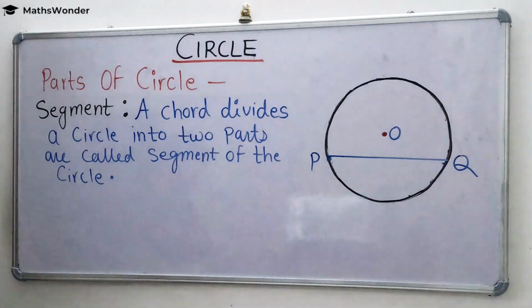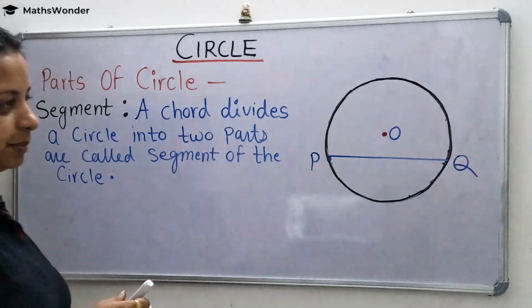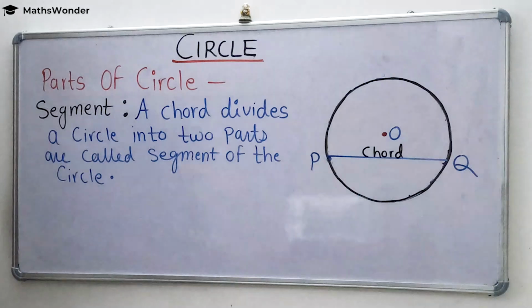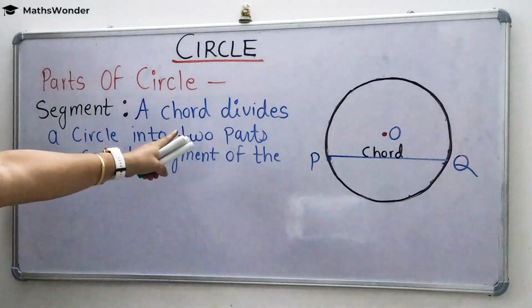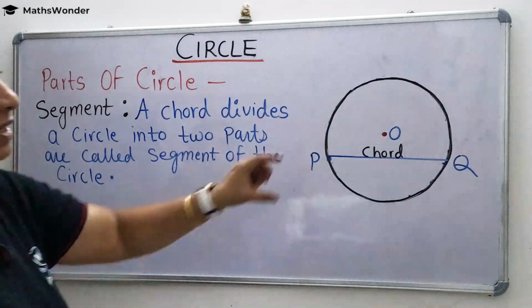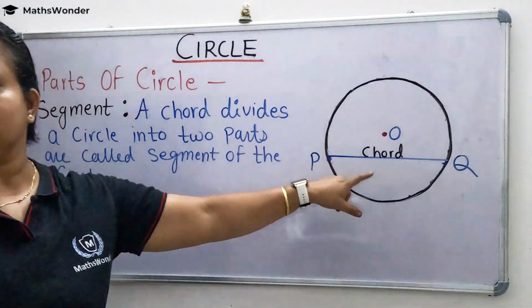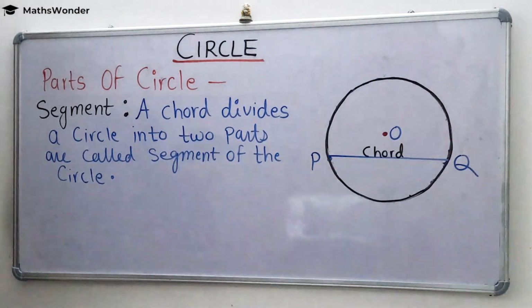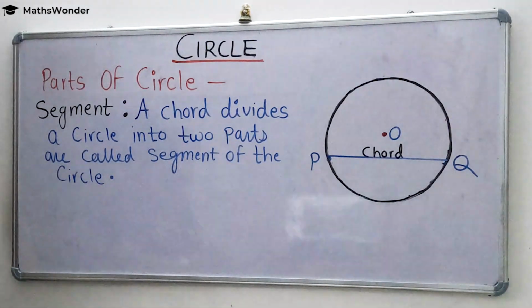So the definition is a chord divides a circle into two parts, as you can see in the diagram. This is one part, this is the other part. We have two parts in the circle, one small part and the other the big part.